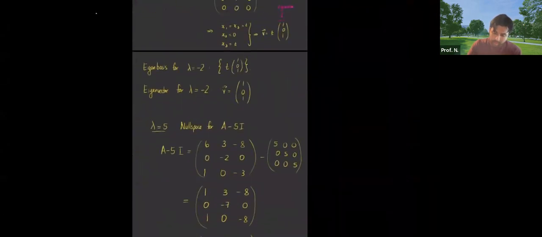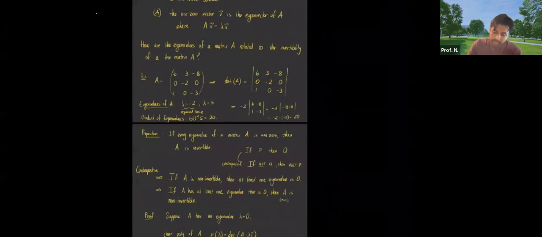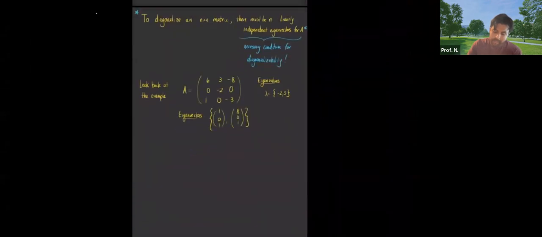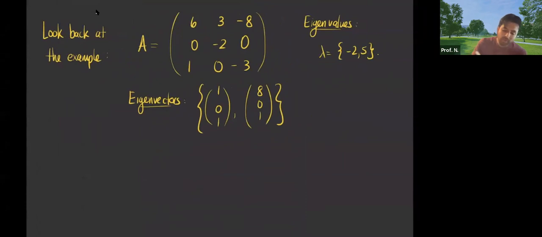If I had that correct, or was it a negative? Yes, 1, 0, 1. So we only had 2 vectors, but we need 3 for diagonalizability. So this is very important, because just because you have an invertible matrix does not mean diagonalizable.